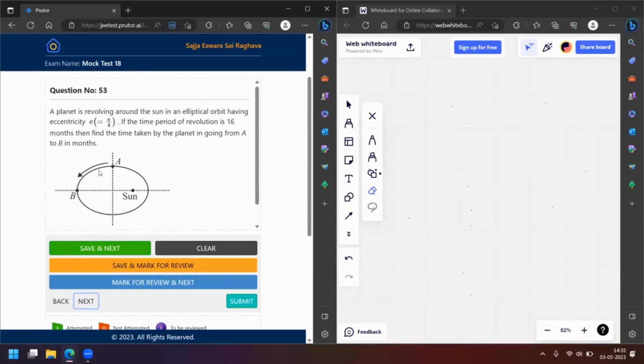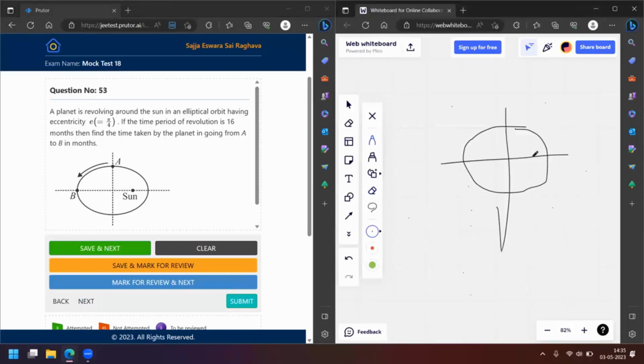If it is moving from A to B, we will get a shaded region. So we have to find the area of this section.